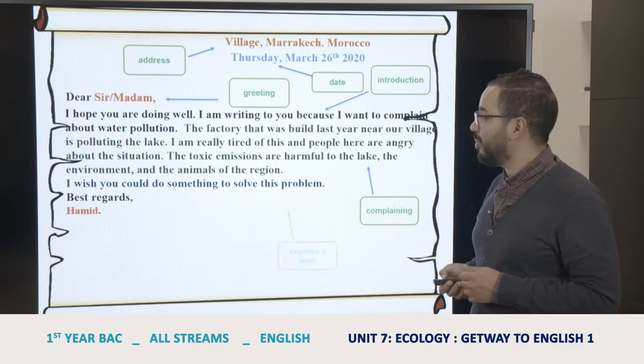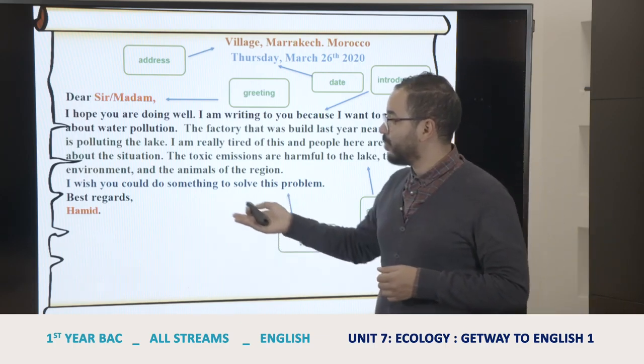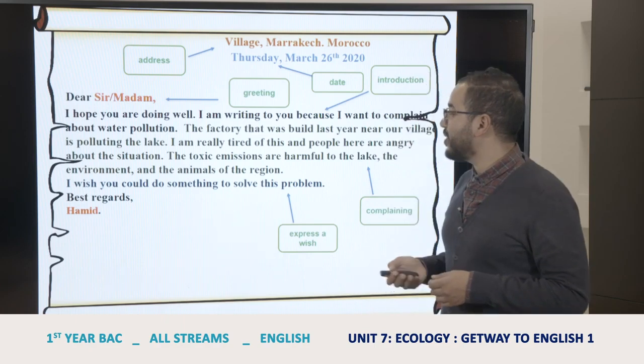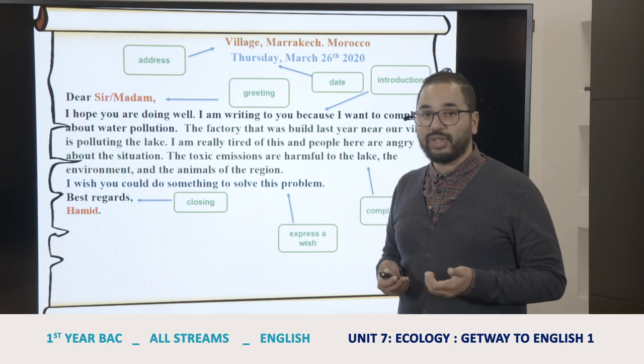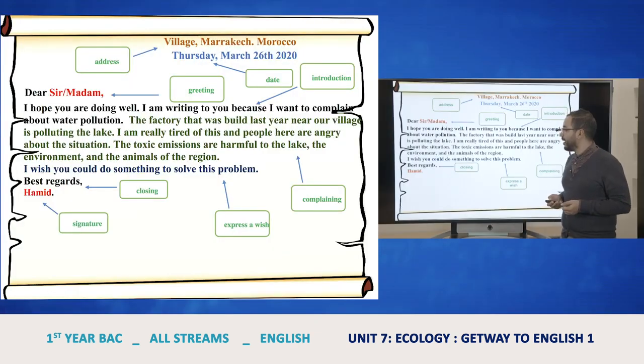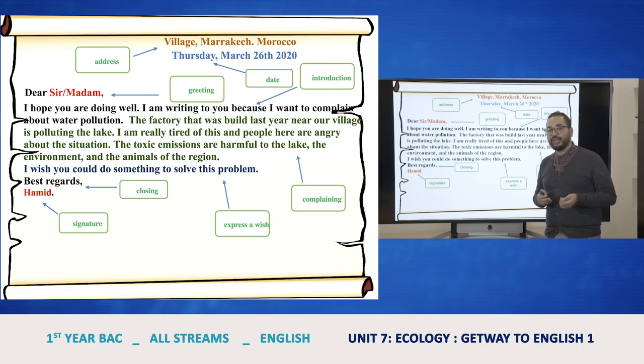So this is an example of a complaint, and then you can express your wish. I wish you could do something to solve this problem. The closing, best regards. This is one example of them, and then your signature, which means you write your name. So this is in general the form of a letter.